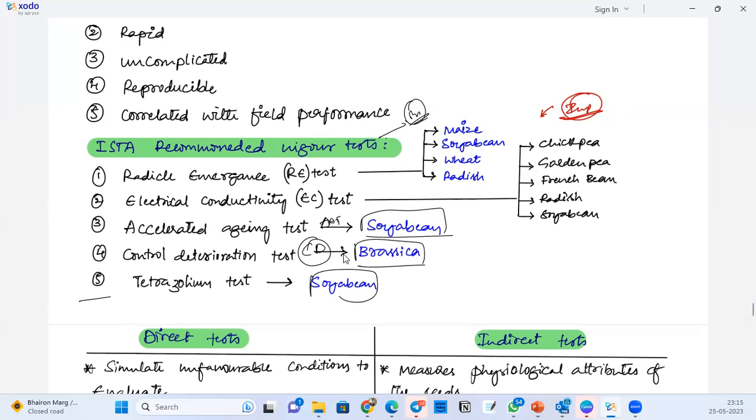In the electrical conductivity test, it is 5 crops, and for radical emergence, it is 4. And next, each has one for all other tests. So I'll just repeat it: radical emergence test, electrical conductivity test, accelerated aging test, controlled deterioration test, and tetrazolium test.